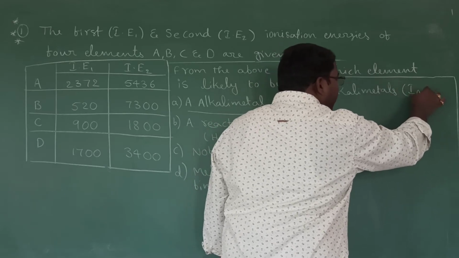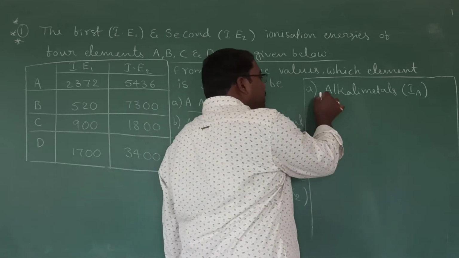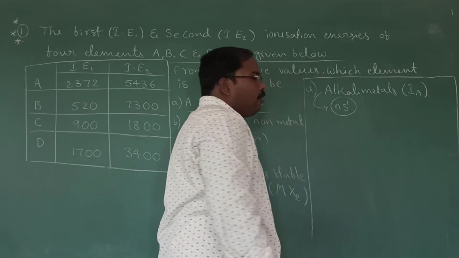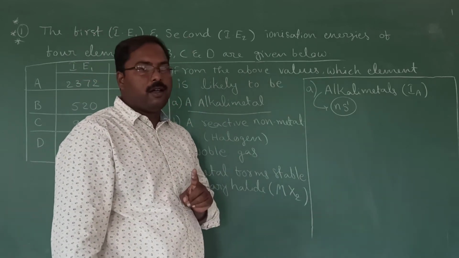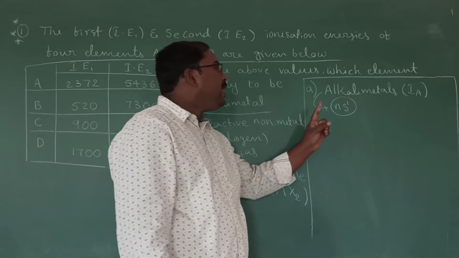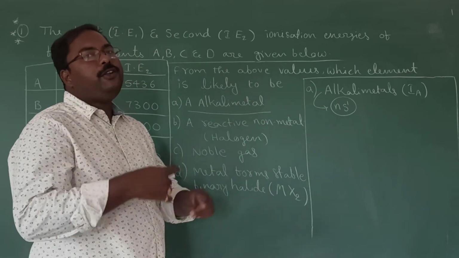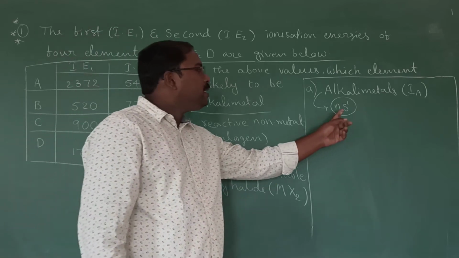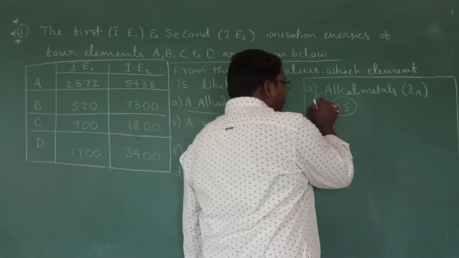They belong to group 1A. What is their electronic configuration? They have ns1, so they will have only one valence electron. When they have only one valence electron, you will observe the sudden rise, as we just discussed.